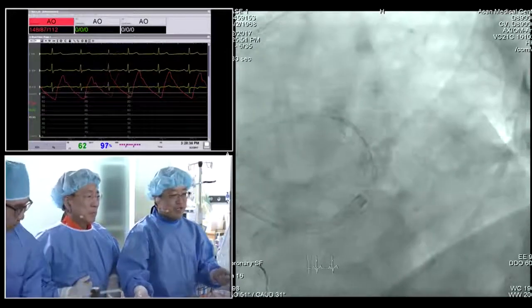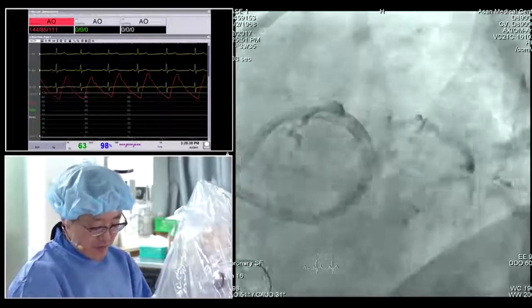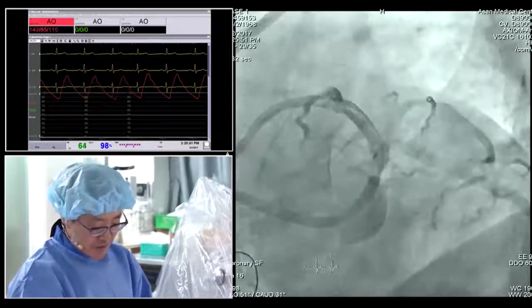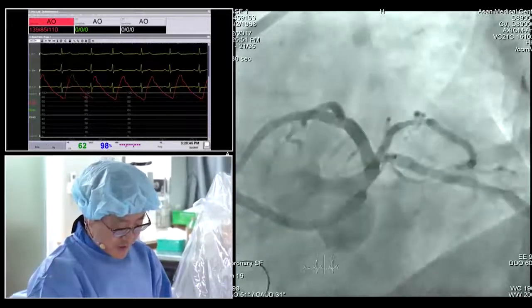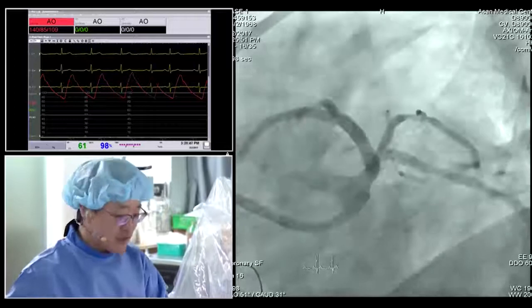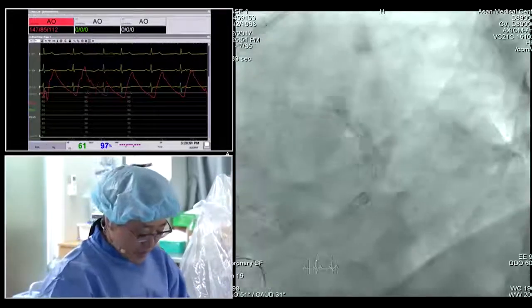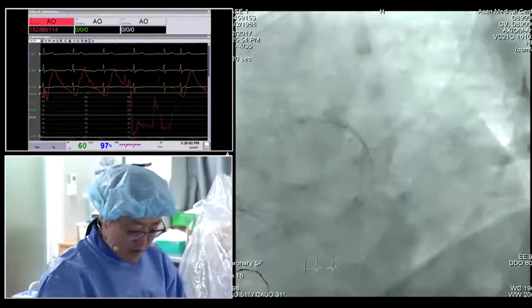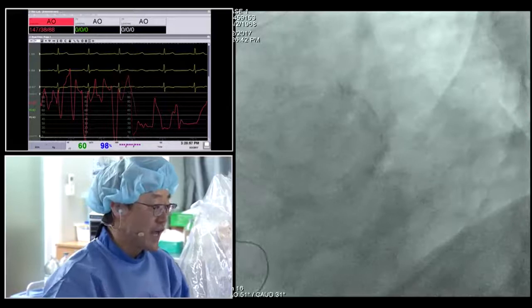So we still haven't done the kissing balloon dilation for the distal and main. So we'd like to quickly demonstrate this kissing balloon dilation. Before kissing balloon dilation, to make sure of easy accessibility of the side branch ostium and also make a good result, we did the POT technique.